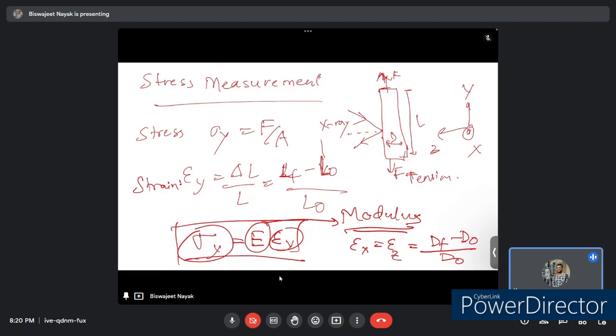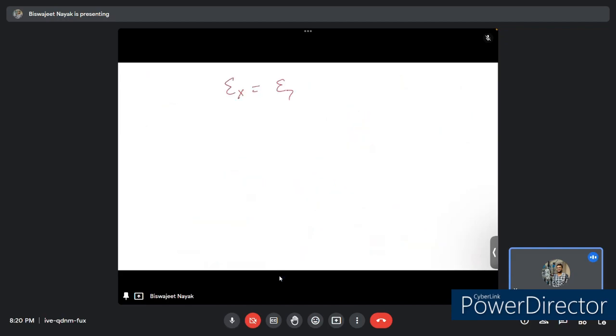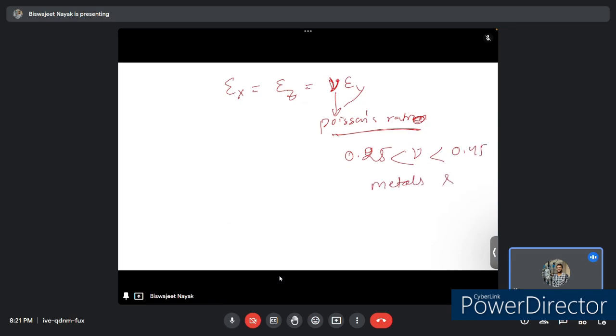Let's say the bar is isotropic, so we say the strain is related by Ex equals Ez equals minus mu times Ey. This mu is called Poisson's ratio for the material of the bar, and it ranges from 0.25 to 0.45 for metals and alloys.